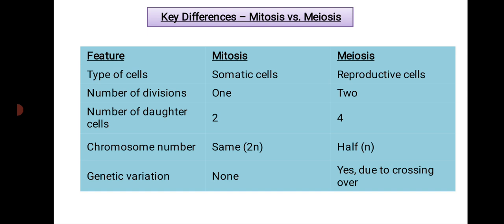That's why genetic variation can be seen in meiosis. That is all about the concept of the cell cycle and cell division.